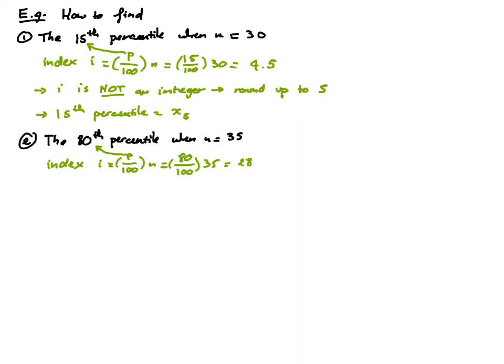So in this example, the 80th percentile is going to be equal to x sub 28, the 28th observation in the data set, plus x sub 29, the 29th observation in the data set, divided by 2.